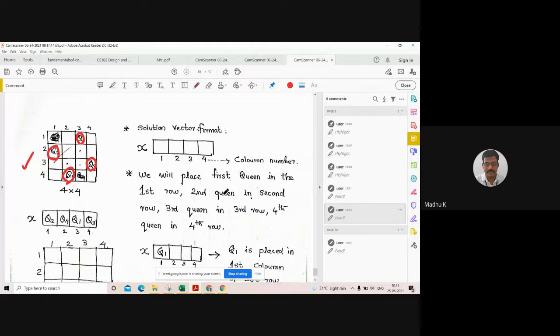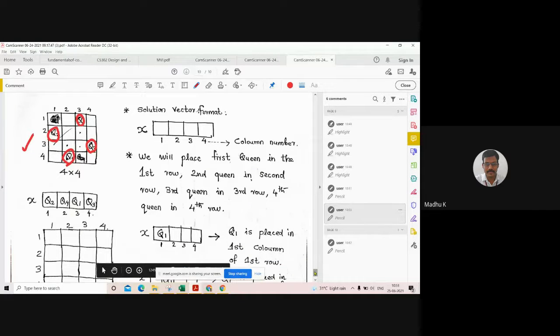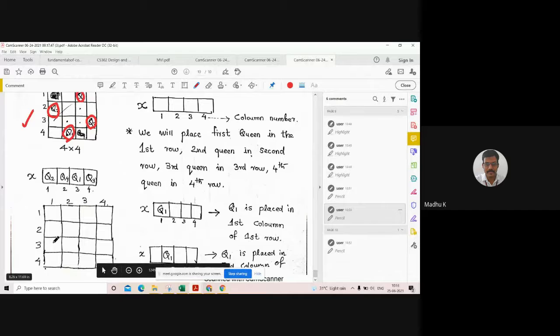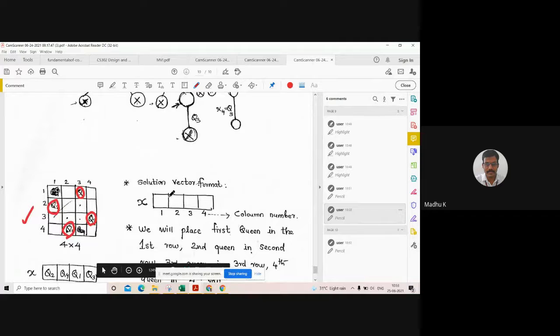First I will take some assumptions and define the solution vector. As already told, it is a 4 by 4 chessboard. I am defining the format of the solution vector in this way. X is an array and there are 4 positions, numbered 1, 2, 3, 4.